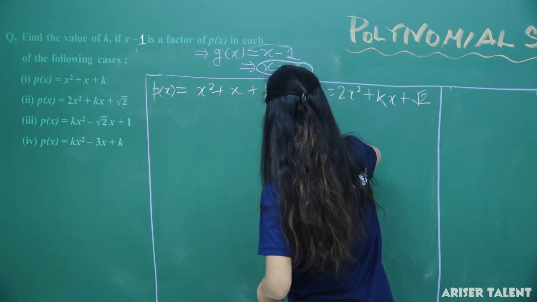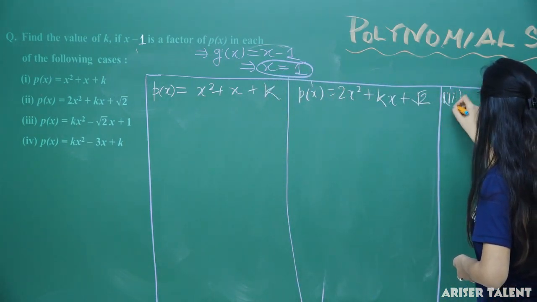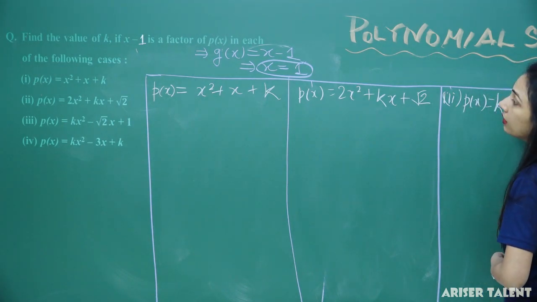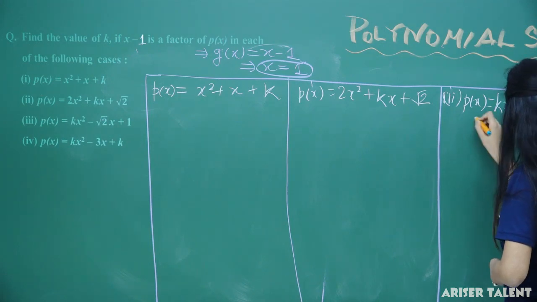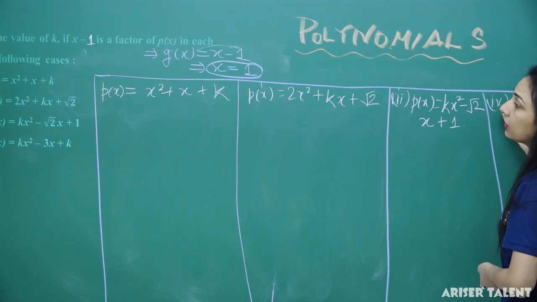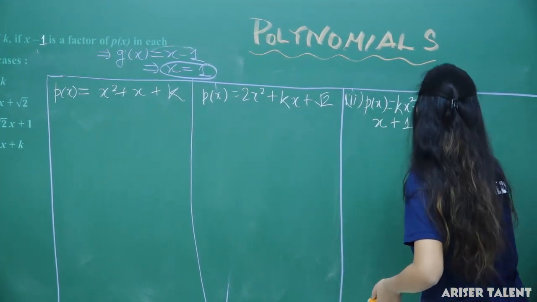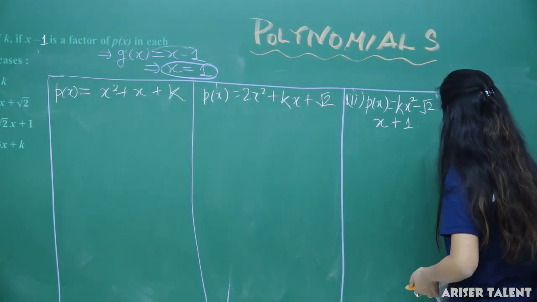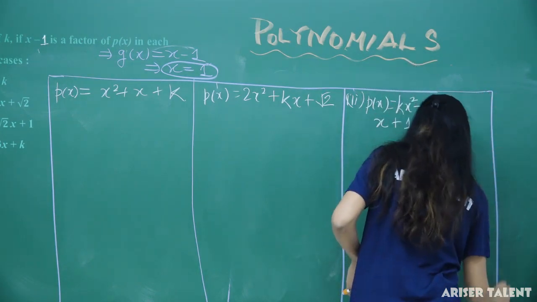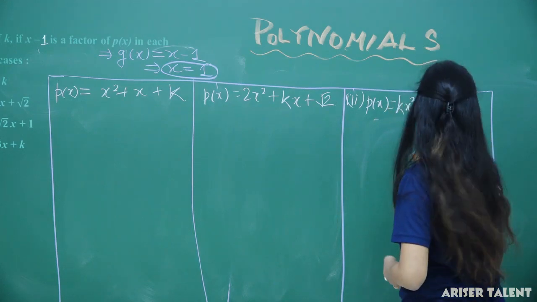The third one is p(x) equals kx square minus root 2 x plus 1, and the fourth one is root 2 x plus 1.